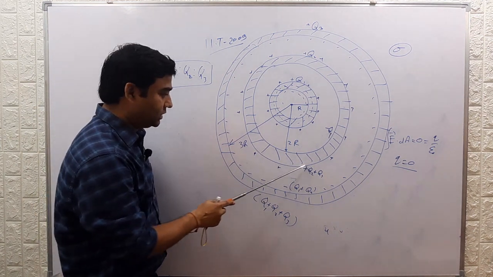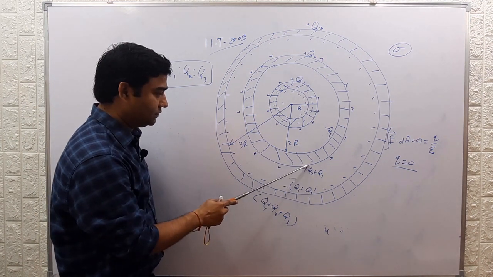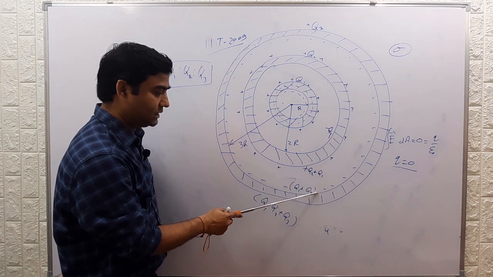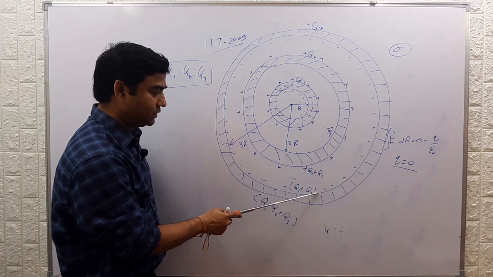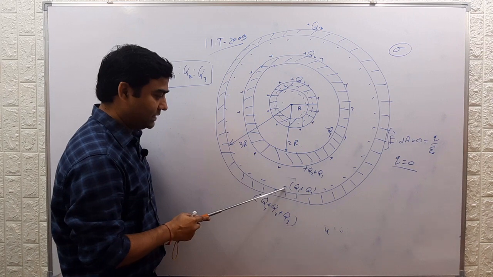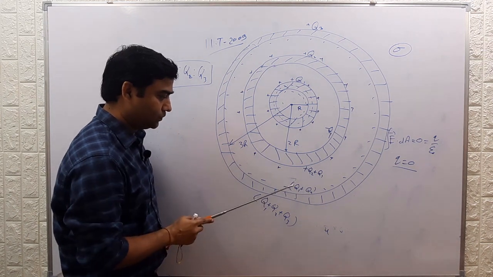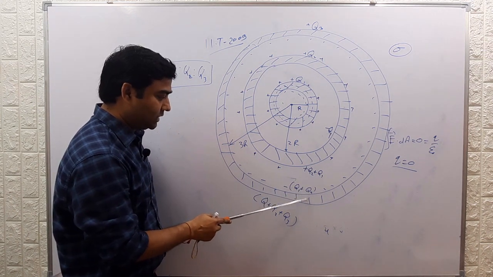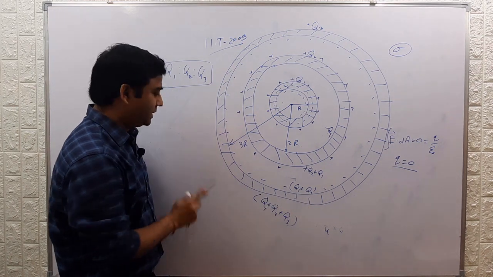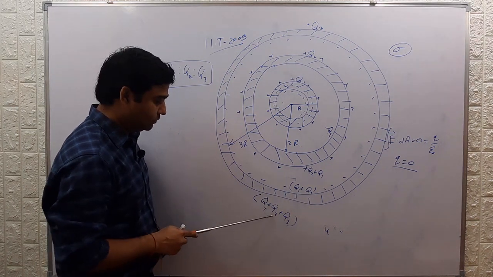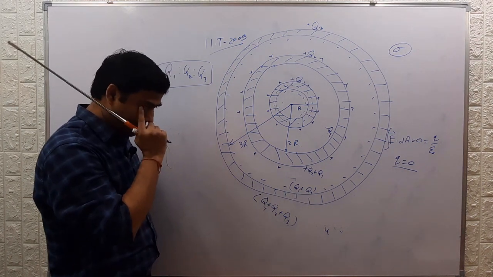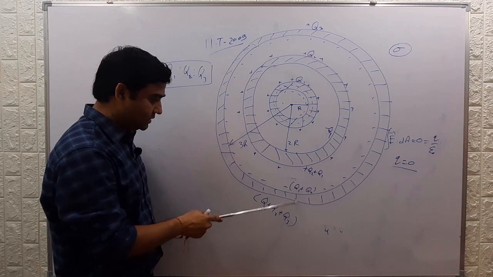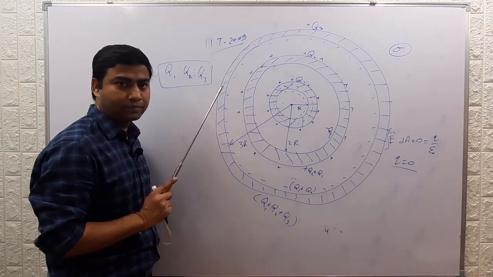This plus Q1 plus Q2 charge on this surface will induce equal and opposite charge on the inner surface of the outer sphere, that is, minus (Q1 plus Q2). By charge conservation, the total charge on this sphere is Q3, hence the outer surface will have Q1 plus Q2 plus Q3 charge, and the net charge is this plus this, equal to Q3.